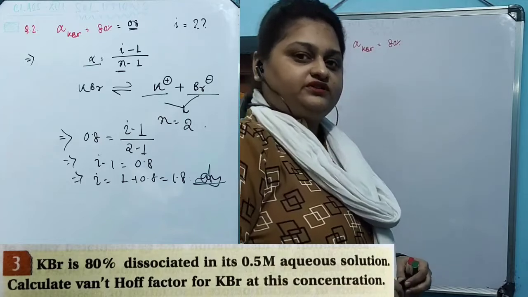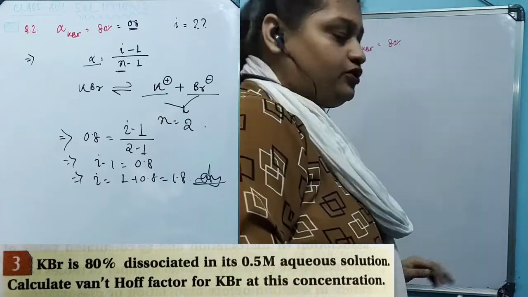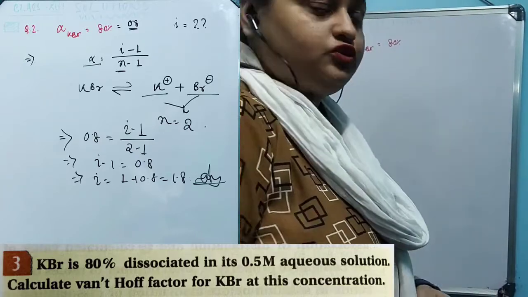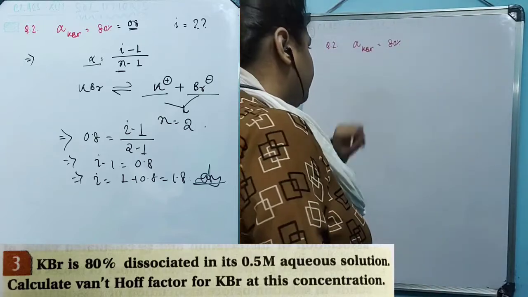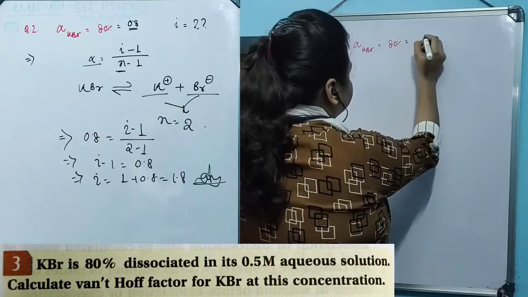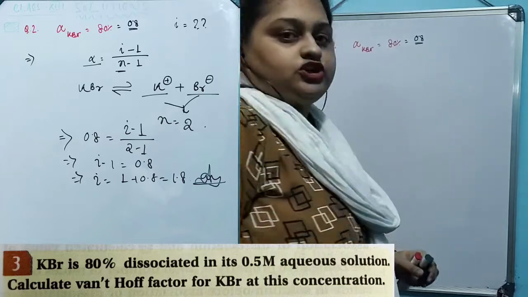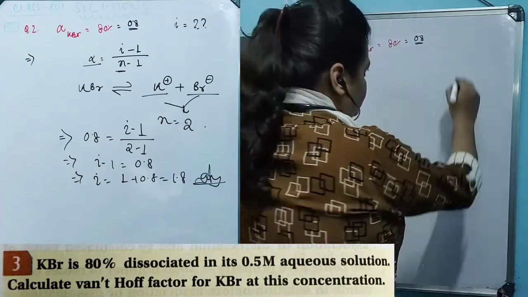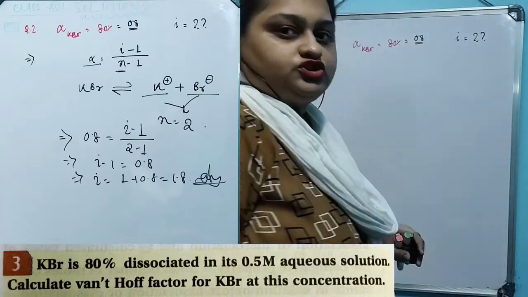In the next question, the information that they have given is that in a 0.5 molar KBr solution, the dissociation of the KBr is 80%. That is, the degree of dissociation can be written as 0.8, and they have asked you to calculate the i, the Van't Hoff factor, for this particular solution.